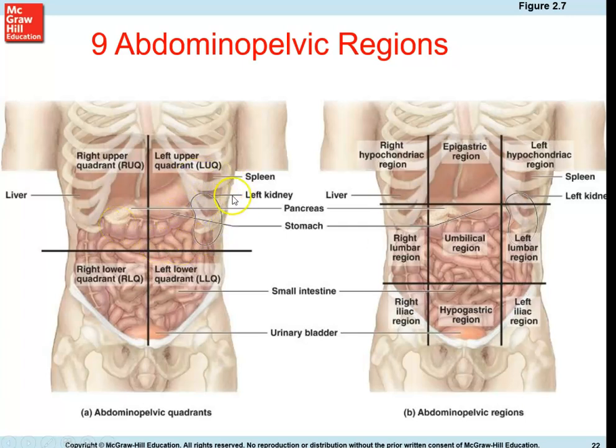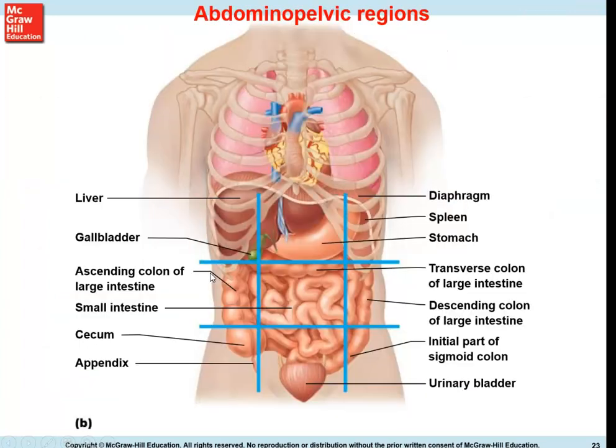Likewise, if you had pain in the left upper quadrant, it could be the splenic flexure of the large intestine, or it could be the left kidney. Could be part of the stomach or even the pancreas. So you need to be aware of which organs are in which areas. If you had pain in the umbilical region, that's going to be an entirely different differential diagnosis than pain in the left lower quadrant.